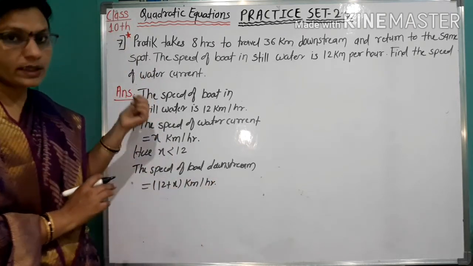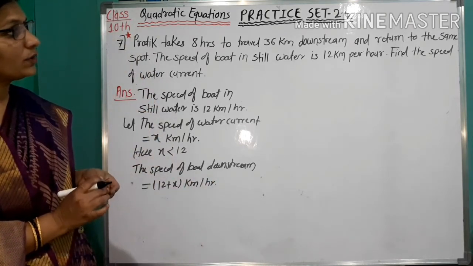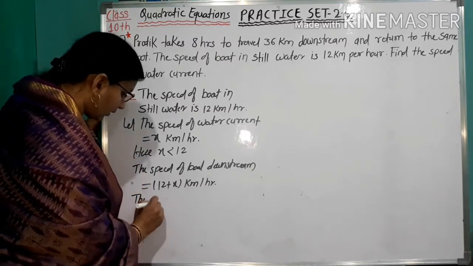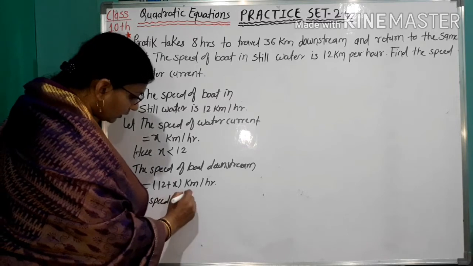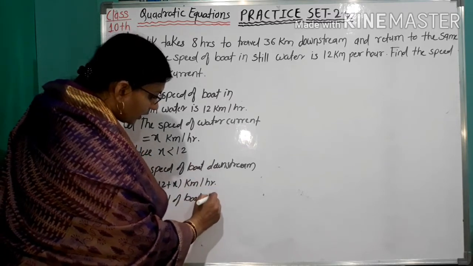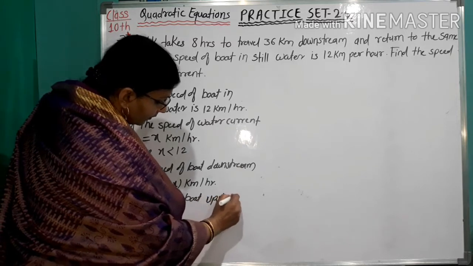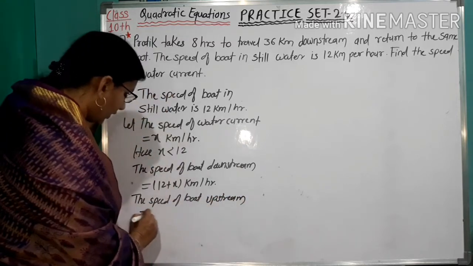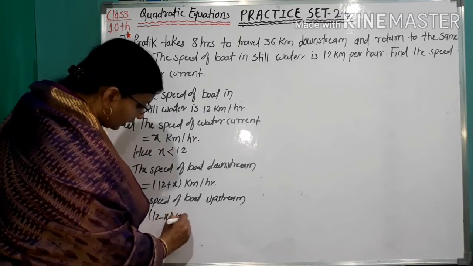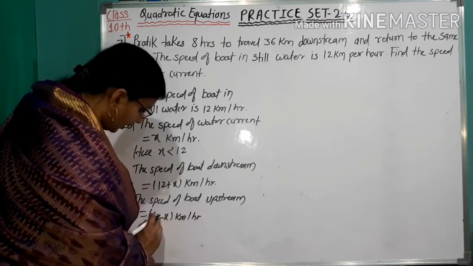He returned to the same place, means he traveled upstream. So speed of boat upstream equal to 12 minus x km per hour.